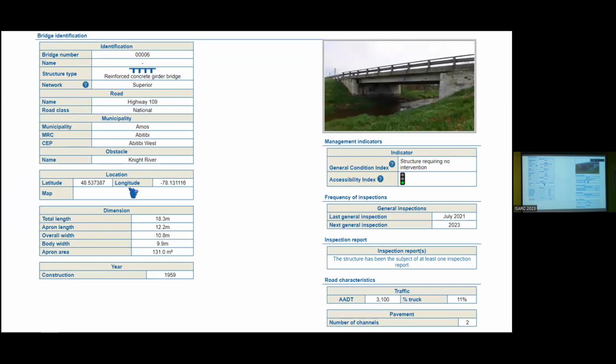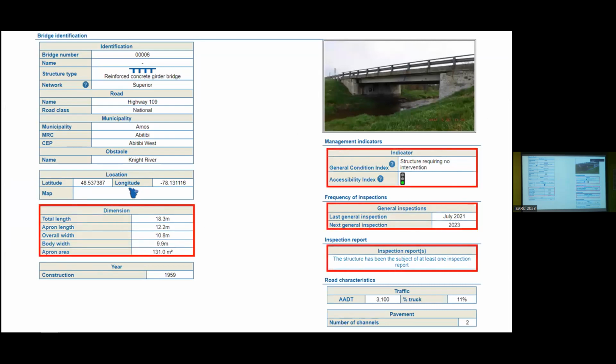For example, bridge dimensions including length, width, and area, inspection data including general condition index, last and next inspection dates, and the route characteristics including average annual daily traffic and the percentage of trucks.